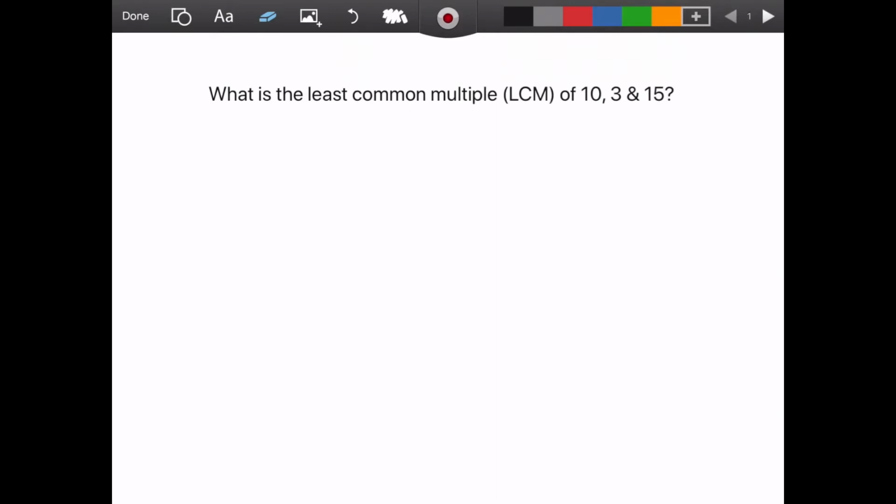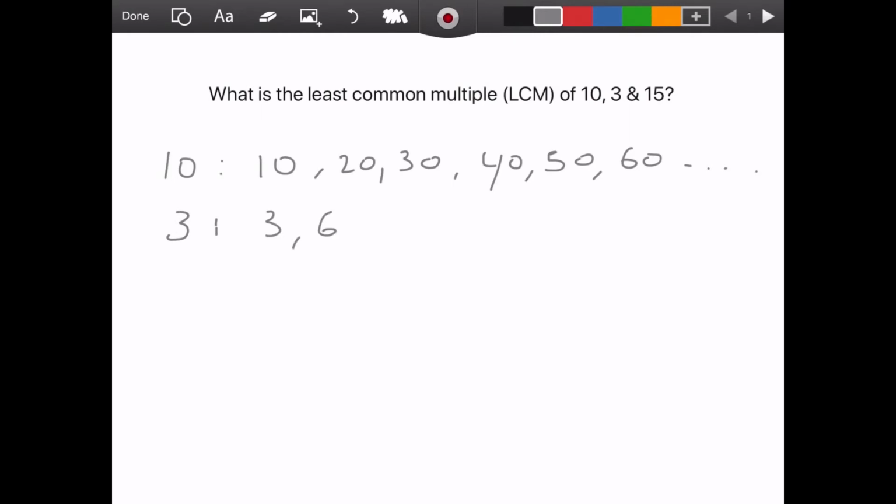Let's list down the multiples of 10 using gray. What do we have? 10 times 1 is 10, 10 times 2 is 20, 10 times 3 is 30, 40, 50, 10 times 6 is 60, and so on, right? How about 3? 3 times 1 is 3, 3 times 2 is 6, 3 times 3 is 9, 3 times 4 is 12, 15, and so on.